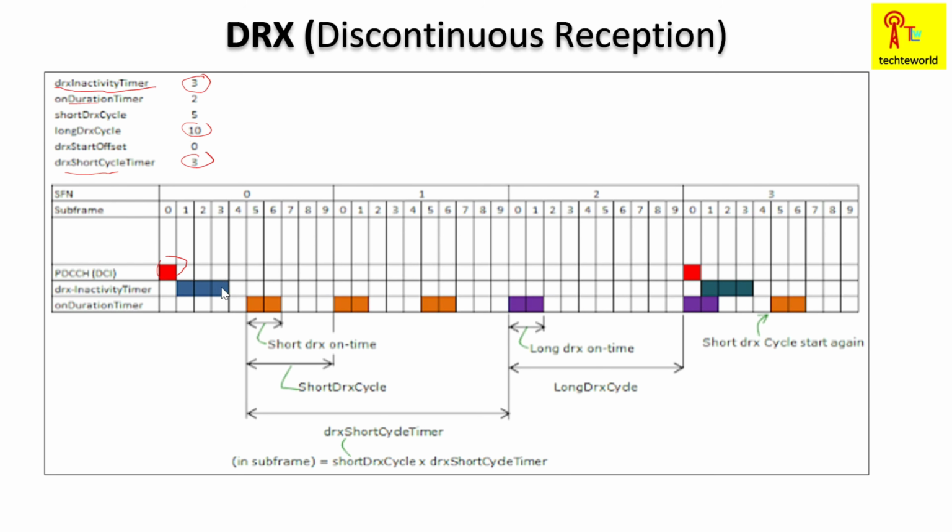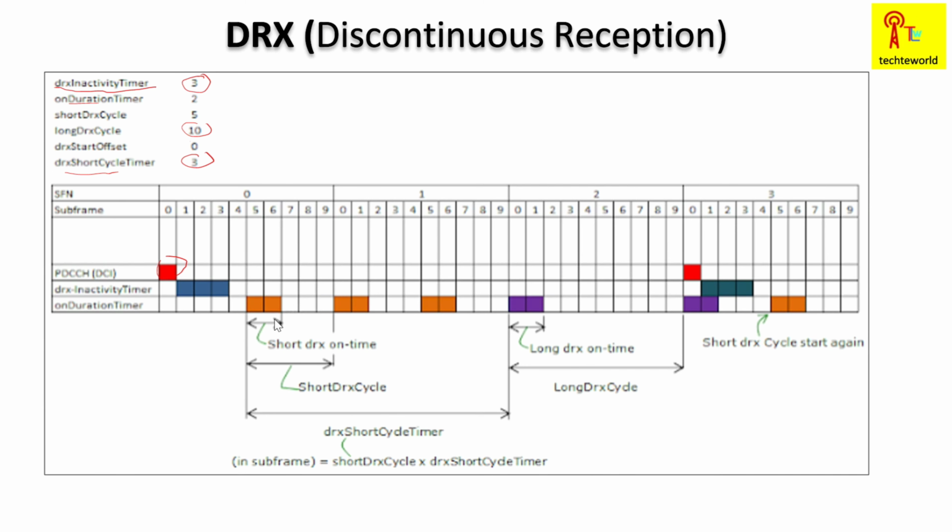Now you can see that this is the DRX short on time. The short DRX cycle is of 5 millisecond.